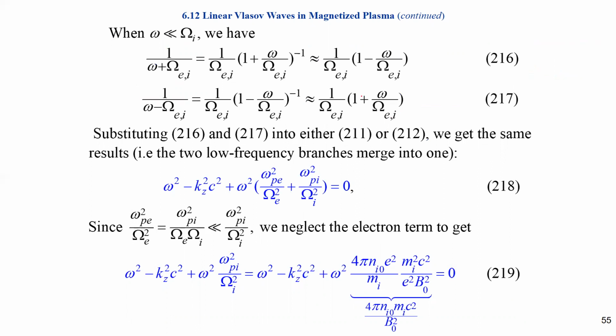Therefore, these relations can be rewritten into this form. Okay, substituting these two equations into 111, 211 and 212, we get the same result.